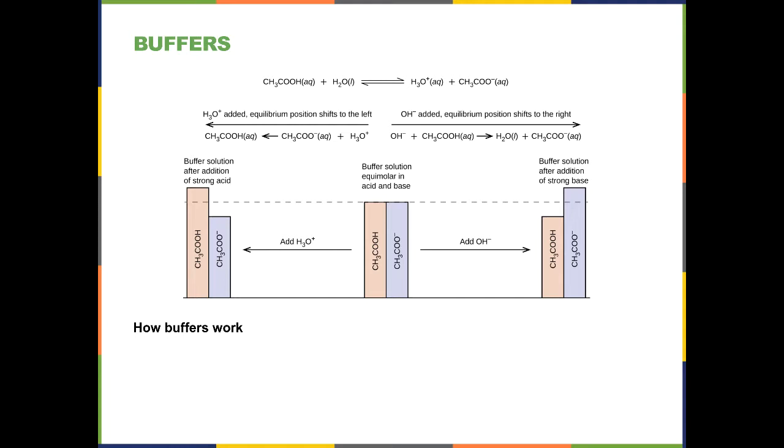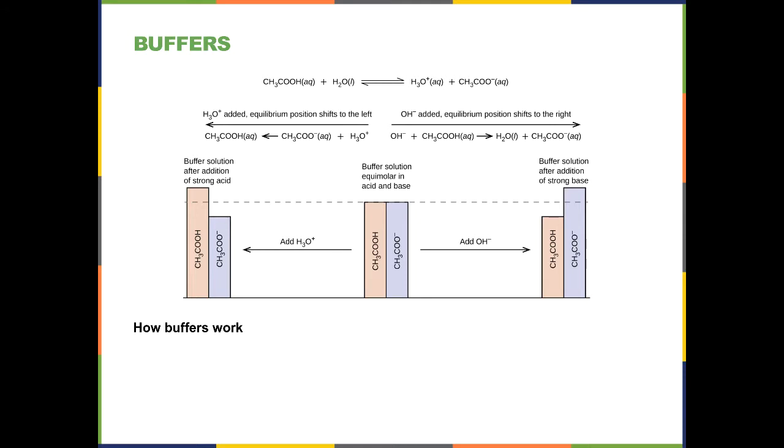Based on Le Chatelier's principle, this forms a little extra unionized acetic acid. And so essentially the hydronium ion you've added is absorbed into the unionized formation of acetic acid, which can slowly dissipate over a period of time.